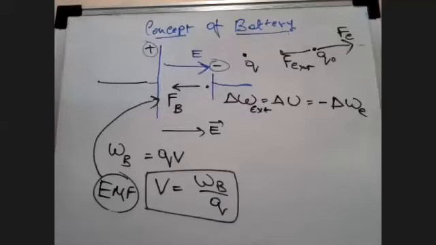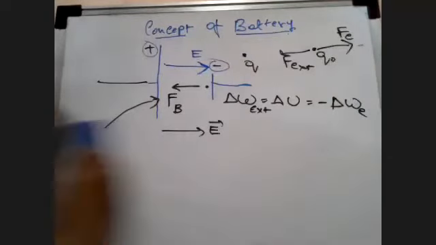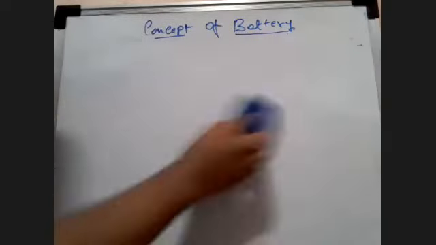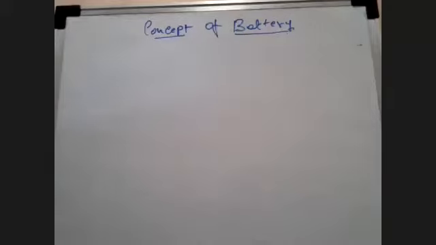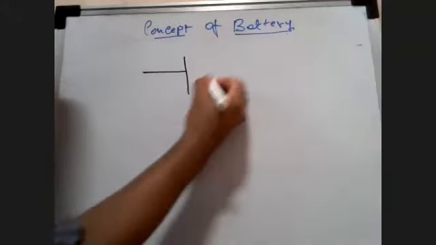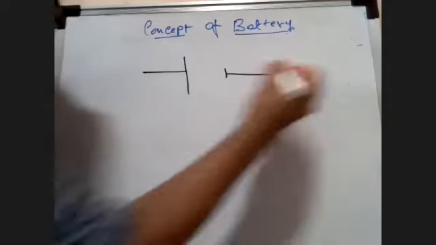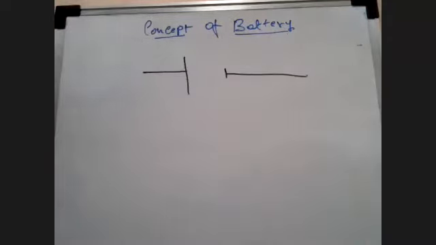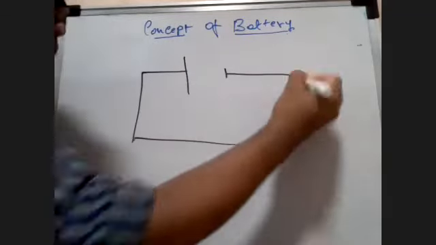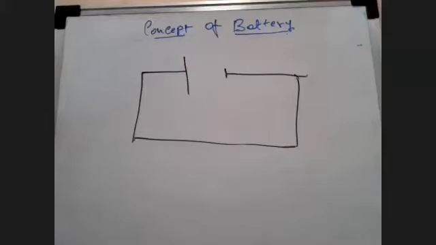But right now, all this derivation was done in steady state. So what should be your next question? If I was talking about steady state, let's talk about dynamic state. Let's say there is this battery right here, and now it is connected to a circuit, some circuit, you can imagine anything.